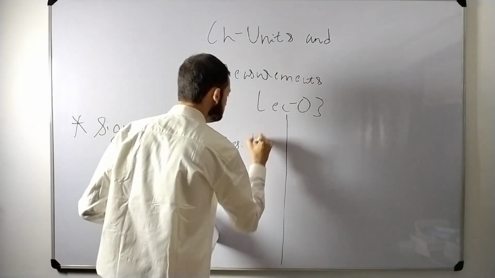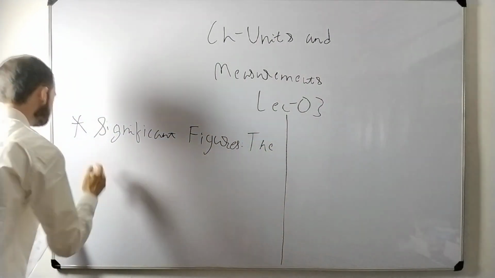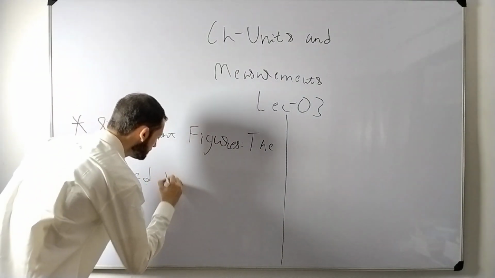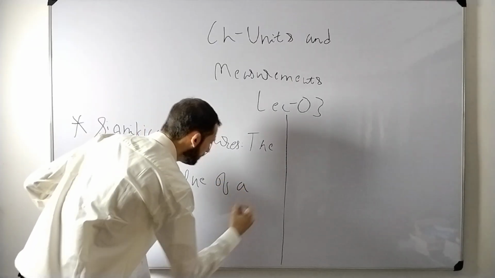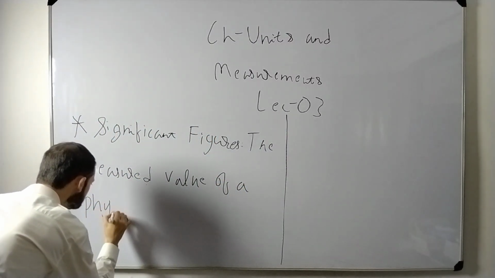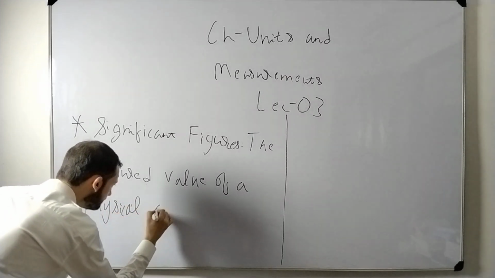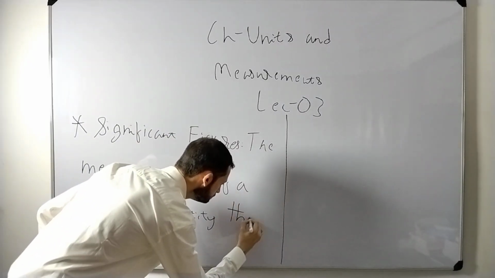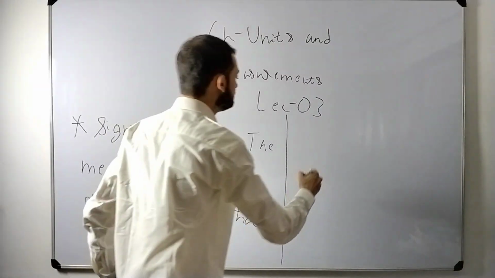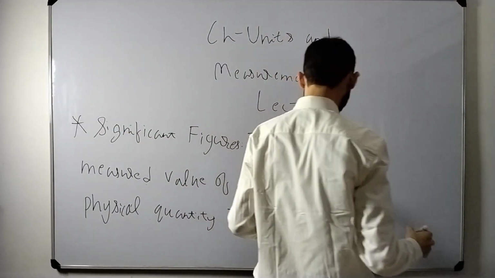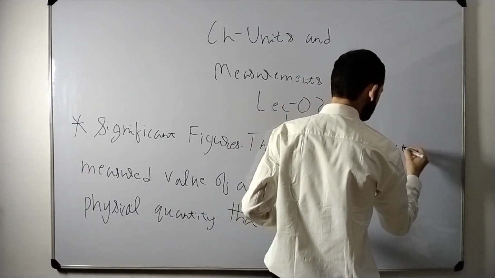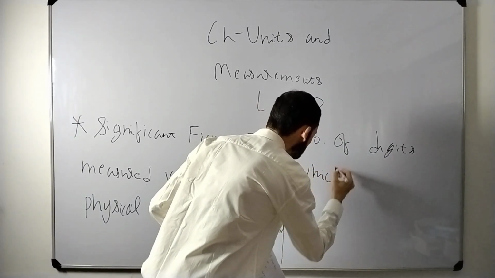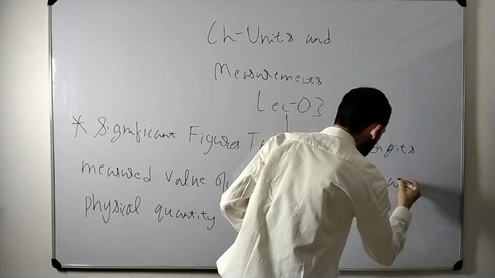So the definition: the measured value of a physical quantity that tells the number of digits which we are confident about.